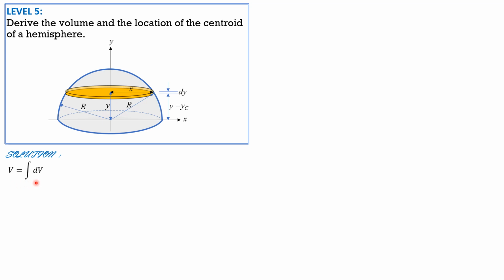So volume equals the integral of dV, and dV is the area of this circular slab, which is pi times radius squared, pi x squared dy.